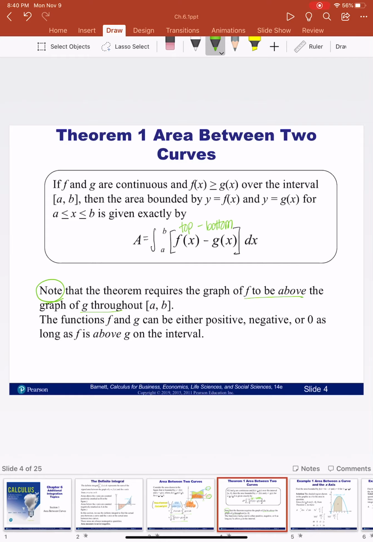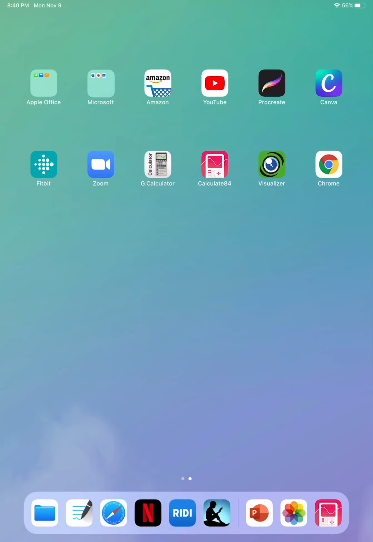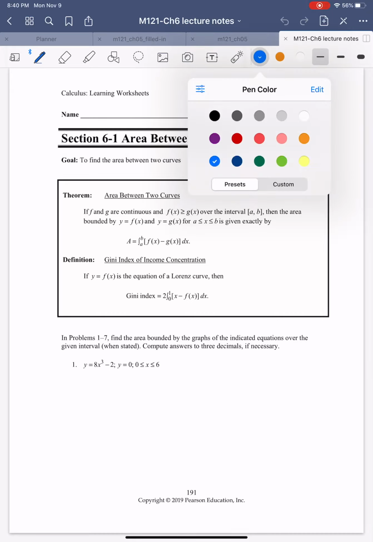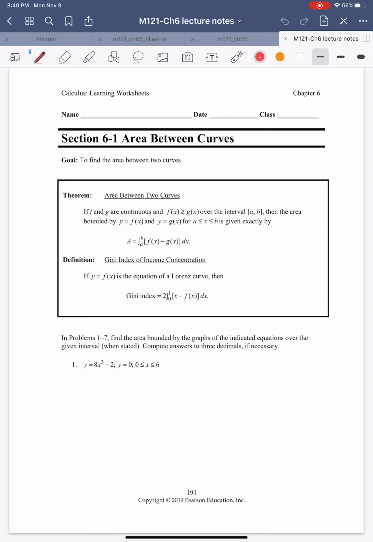Okay, so let's write that out in our notes. Here's our 6.1, and this is what you saw: f of x minus g of x. So we have the top minus the bottom piece. The theorem is set up as the top first and then always the bottom one.